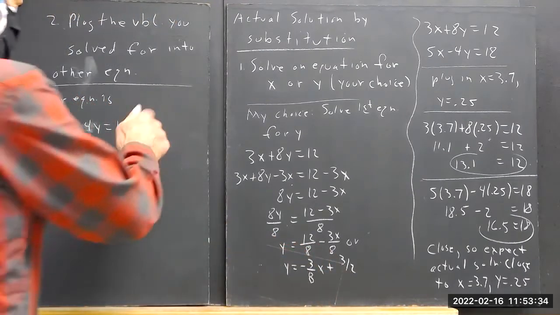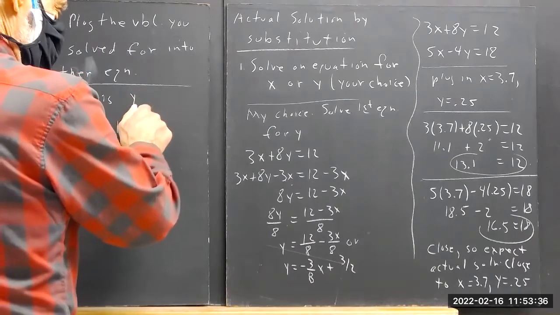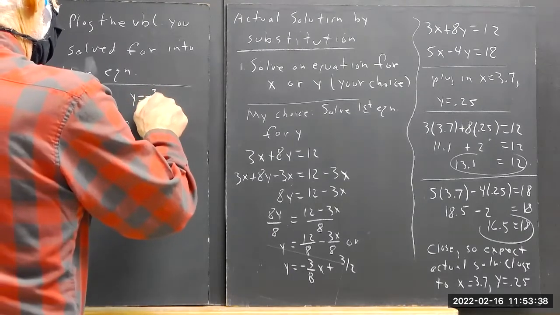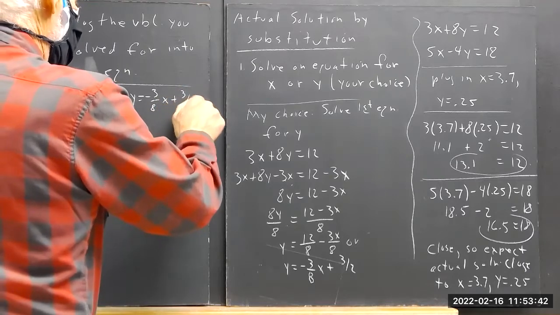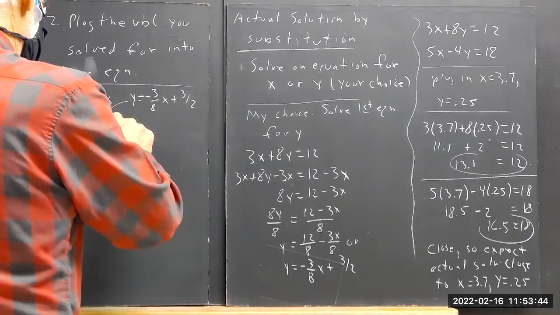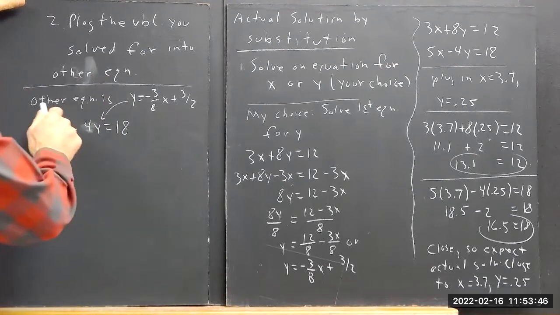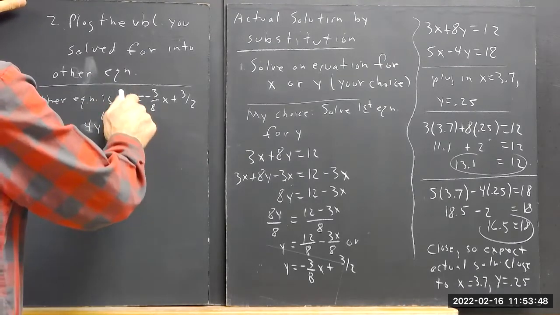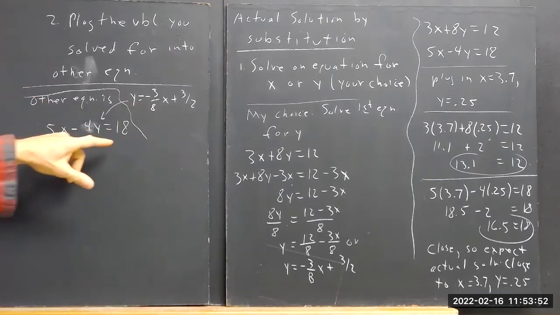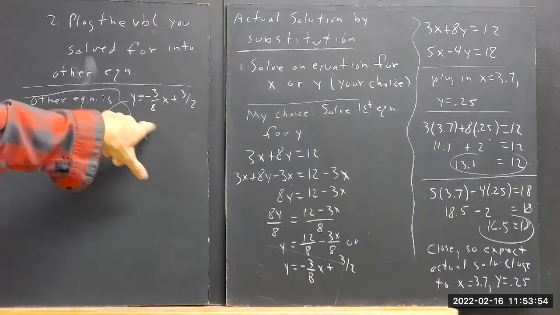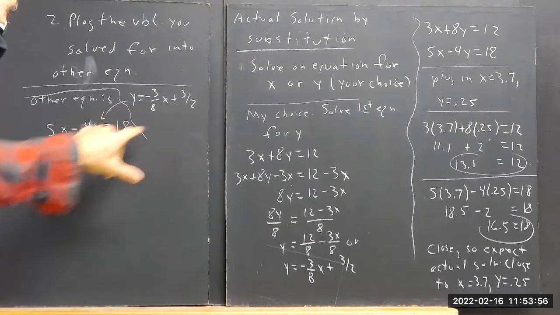So what I really meant up here, I think it's pretty clear: this goes in here. So the other equation is this. Here's our solution. We plug this expression in here.